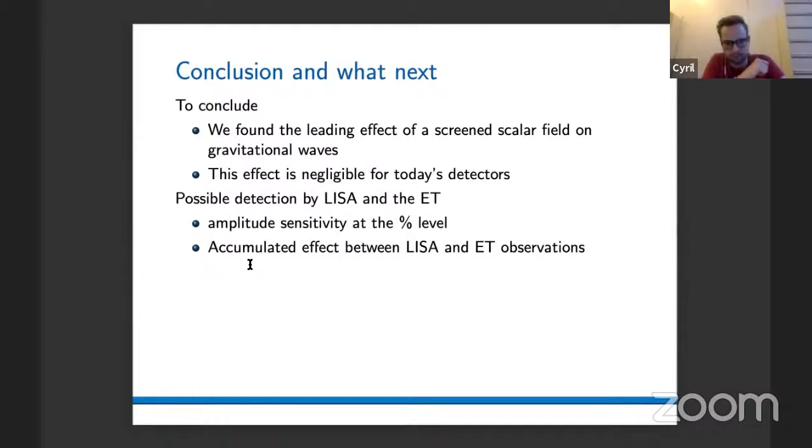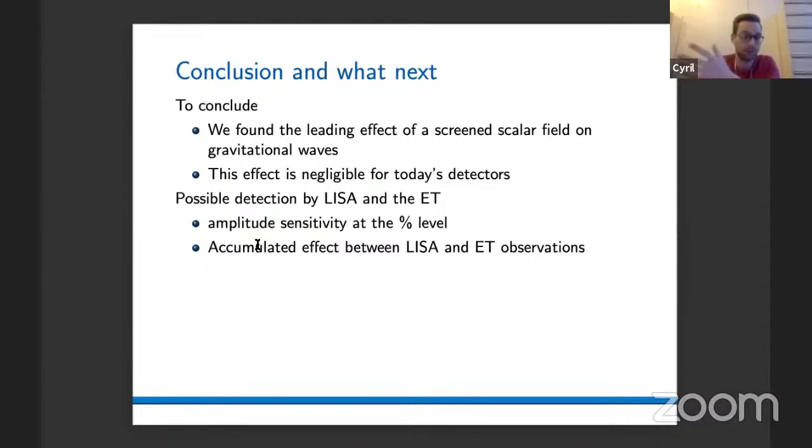Also, something interesting is that because of the frequency range of LISA, it would be possible to observe a stellar mass black hole merger a decade or 2 before the actual merger. So while we observe it with LISA, we could make a prediction on when we expect the merger to happen. And then there is a frequency gap where LISA is not able to observe the system, and the Einstein Telescope neither.